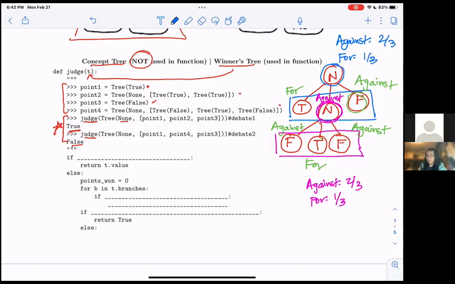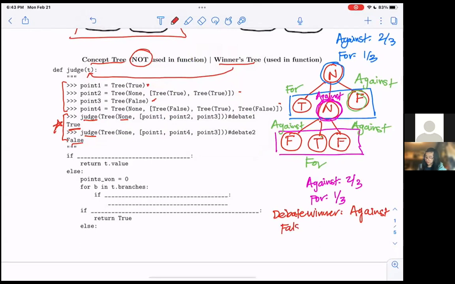And so that means that the overall winner of the debate is the against side, since they have the majority of the points. And since the against side won, that means that we want to return false rather than true. And indeed, this checks out with the doctest, which also returns false.